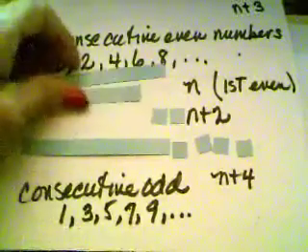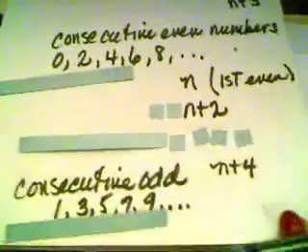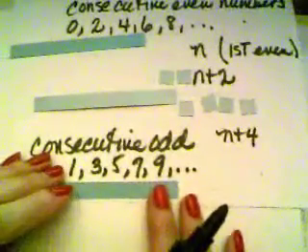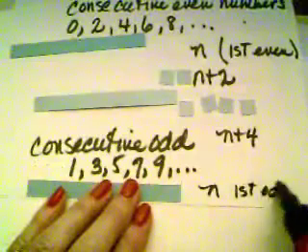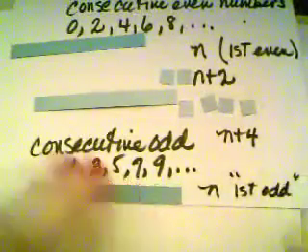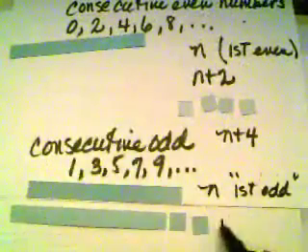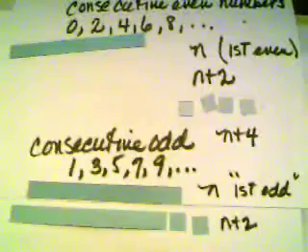So if I let this be the first of the consecutive odd numbers, n is the first odd, then the next odd number would be n plus 2, and the next odd number would be n plus 4. So there's really no difference in how consecutive odds and consecutive evens are represented.